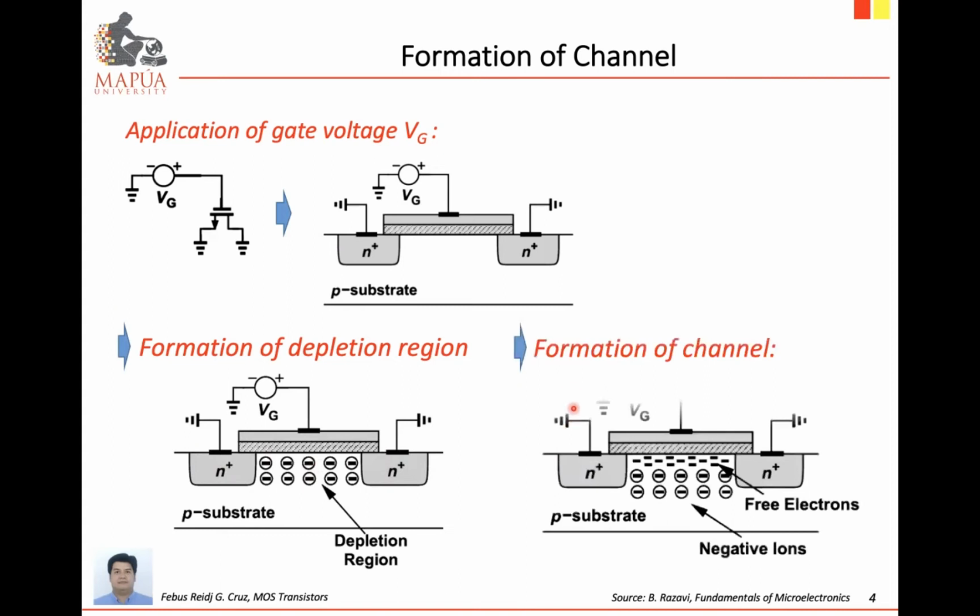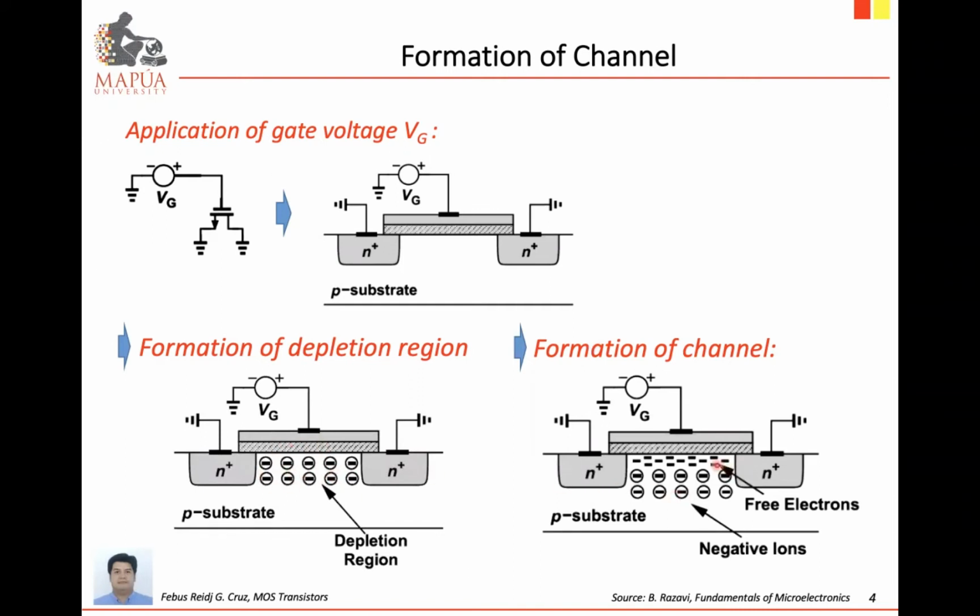As we continue the attraction, the layer underneath the gate terminal will have a high concentration of free electrons, and it will be converted from originally being a P-type layer to neutral as the free electrons recombine with the positive holes.